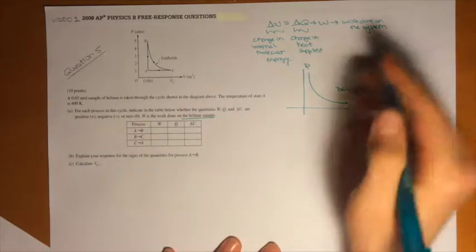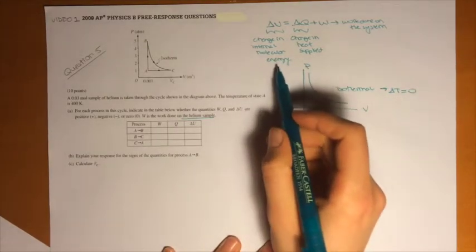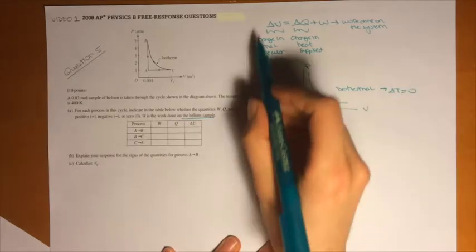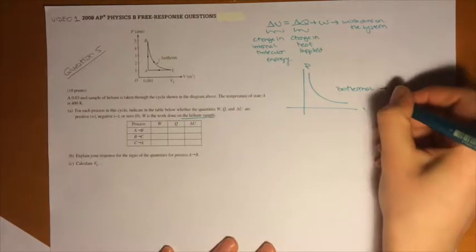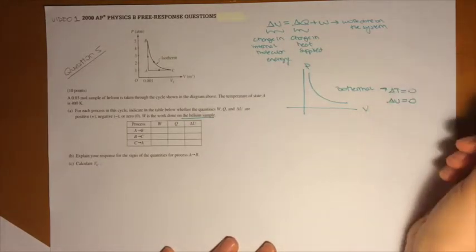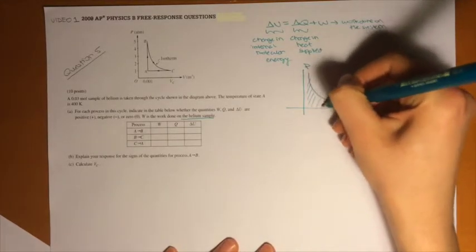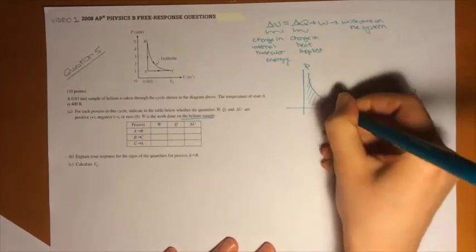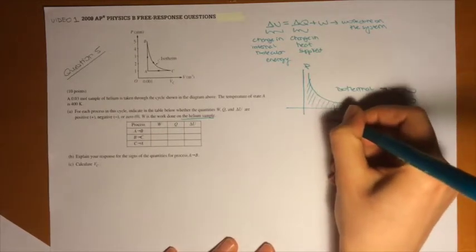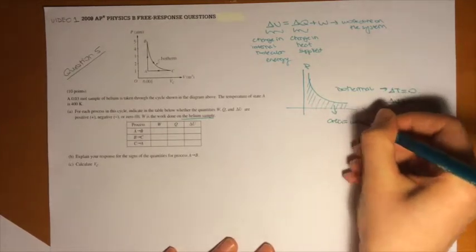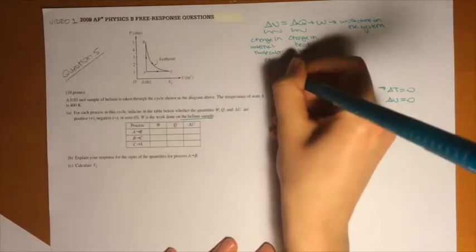And since delta T is 0, the change in internal molecular energy cannot increase or decrease, so delta U is also 0. In this graph, the area under the curve is equal to the work. So this was the first one.